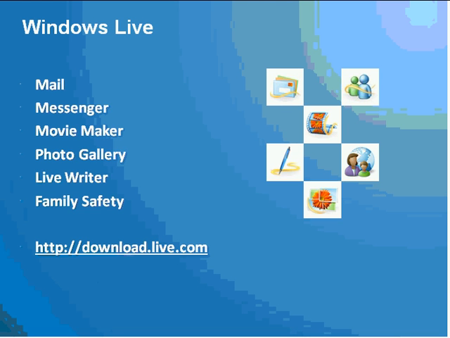So all it needs to do is, if you want Windows Live capabilities like Windows Mail, Windows Messenger, Movie Maker, Photo Gallery, Live Writer, or Family Safety, after you've done your install of Windows 7, you need to go to download.live.com and get this from that location.